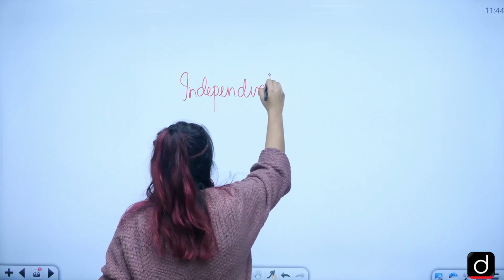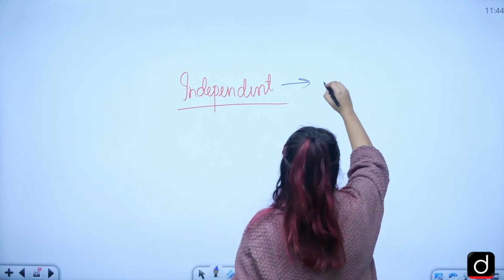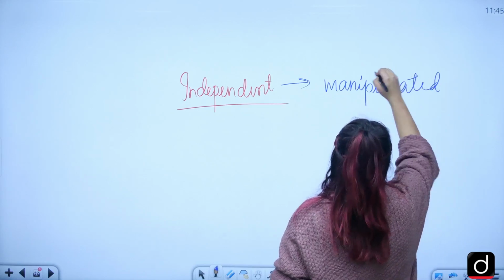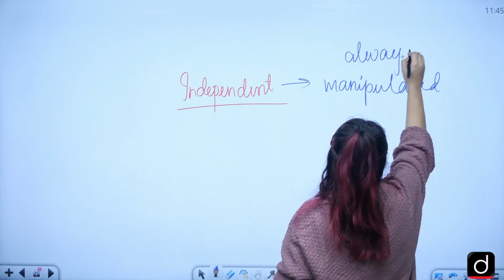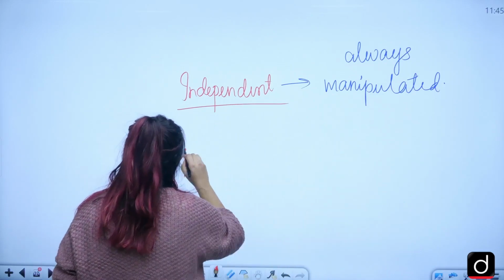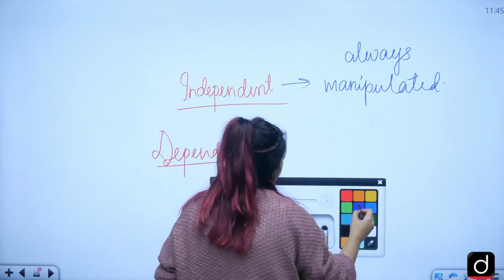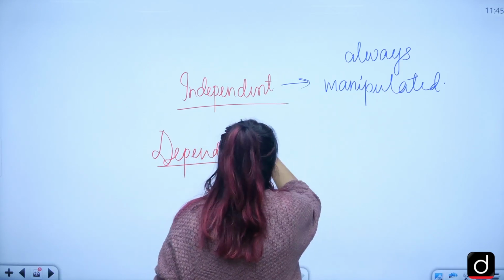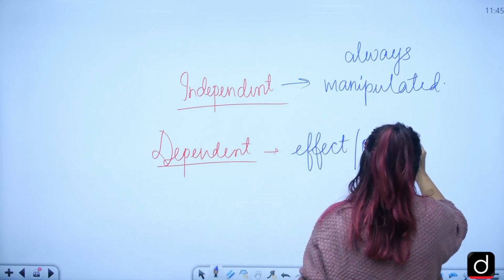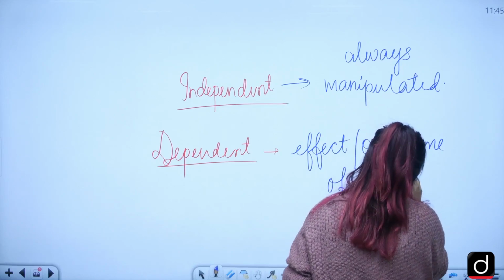This has been a question which has been asked in the UGC NET exam. Which is the variable which is always and always manipulated? It is the independent variable, manipulated always, right? But on the other hand, the dependent variable is the one which depends, so it is the effect or outcome of the independent variable.